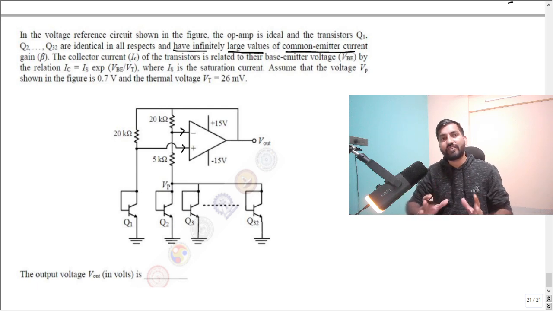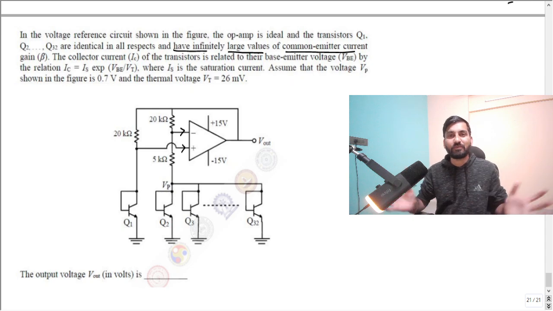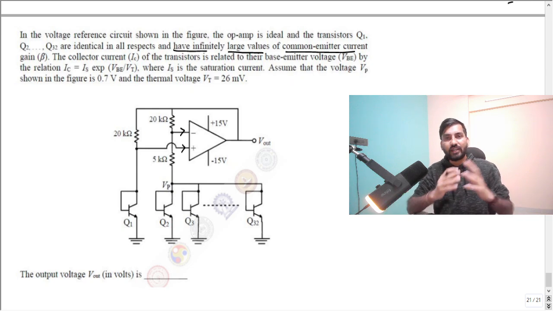As I used to discuss in my analog circuit class, if beta is pretty large, your life becomes easier in a bipolar junction transistor. So you can always assume that if beta is very high, the collector current and the emitter current are the same.